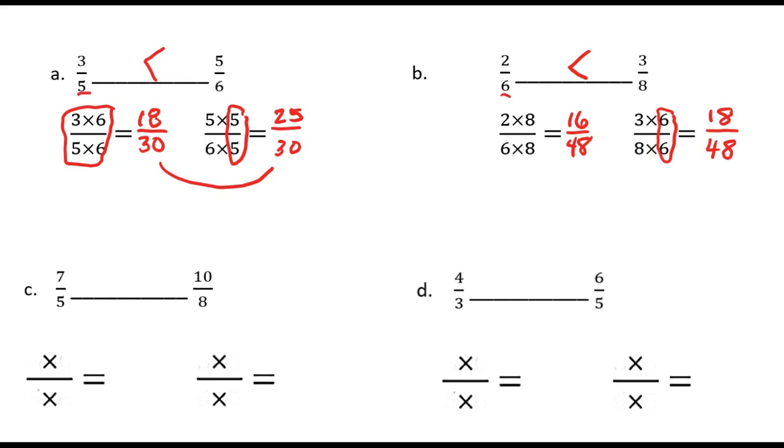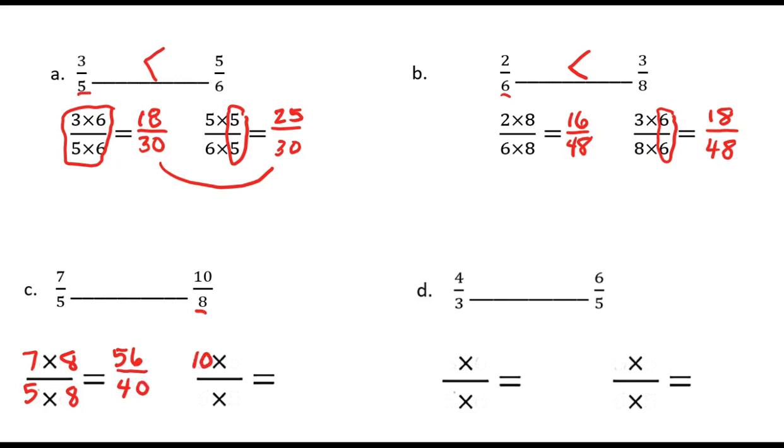Moving on to problem C, I'm comparing 7/5 to 10/8. I'm going to start with my 7/5, and I'm going to multiply it by 8 because that's the denominator of the other fraction. 7 times 8 is 56. 5 times 8 is 40.